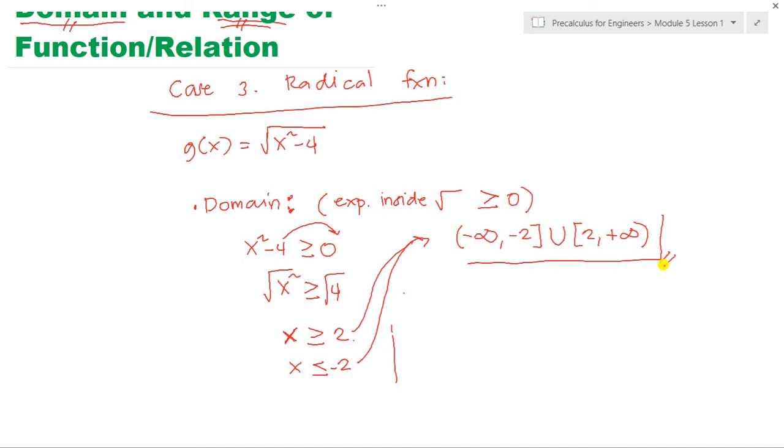Nagets ra? Di ba sakto? Square root of 0 unsa man? 0 man, di ba? So unsa ra dili pwede class?